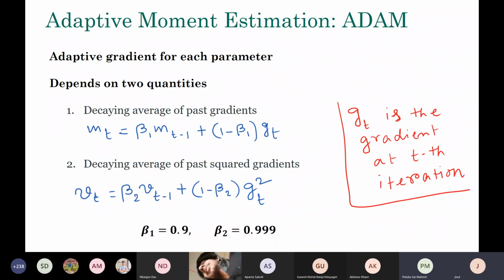What is mt minus 1? mt minus 1 is basically a weighted combination of the past gradients that you have in mt minus 1. And then that particular expression is given. So beta 1 is 0.9 in this case.